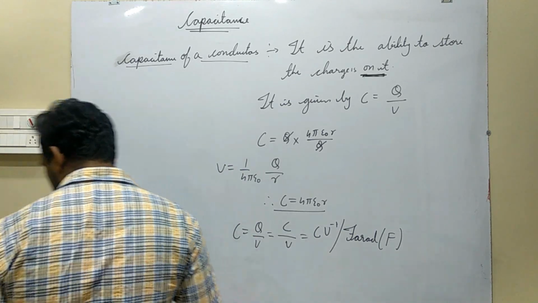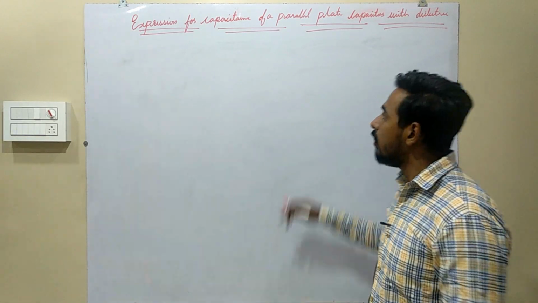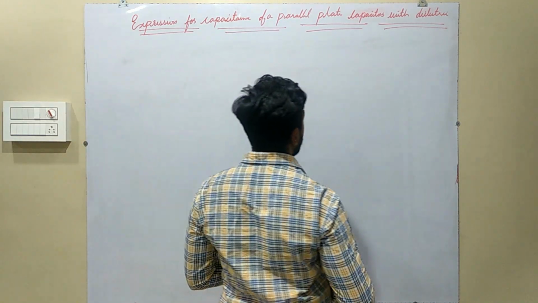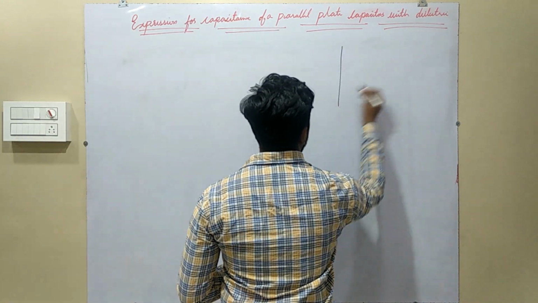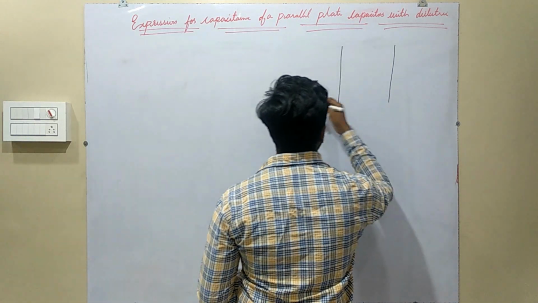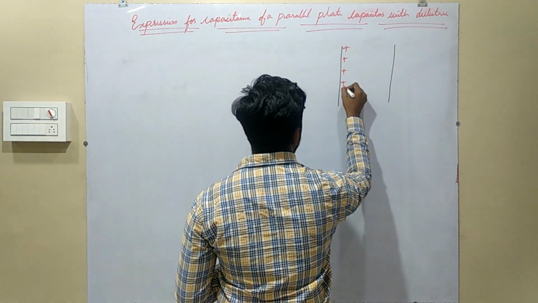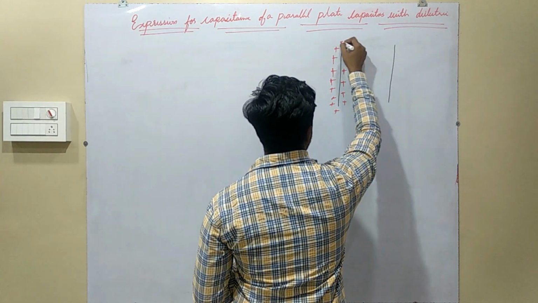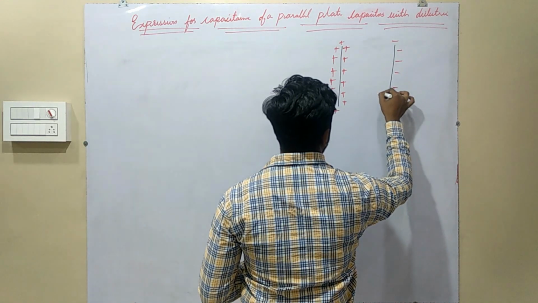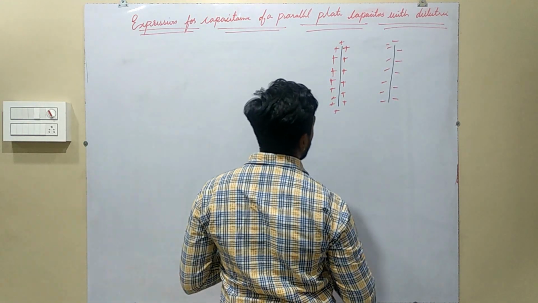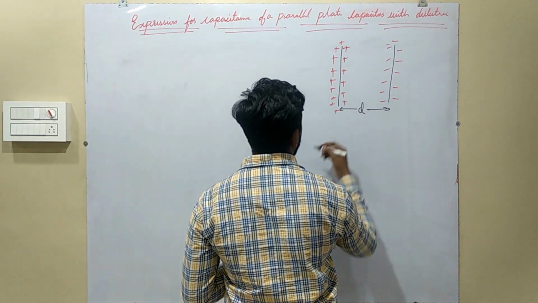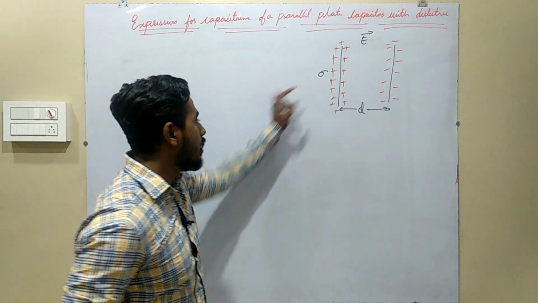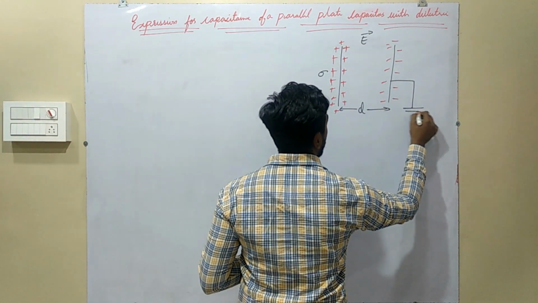Moving to the next one, we will see the expression for capacitance of a parallel plate capacitor with dielectric. First let us see the diagram. Let us consider two plates, one having positive charge and the other having negative charge, and the separation between them be D, that is the dielectric thickness, and the electric field is E, and there is surface charge density denoted by sigma, and let this be earthed.